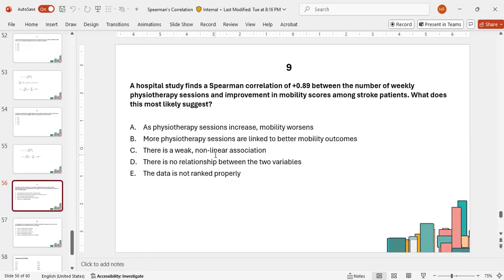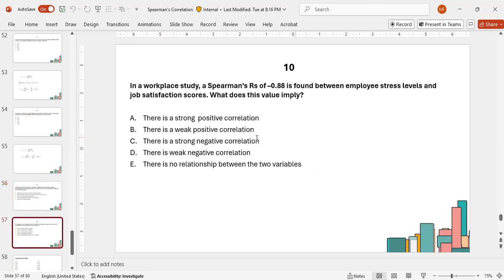Next, there is weak non-linear association. Next option is: there is no relationship, and then the data is not ranked properly. B. What will be the answer? Beta. Yes, the correct answer is beta because we have the positive value of Spearman ranks correlation coefficient. So this means that there is positive correlation, and only this option says that more physiotherapy sessions are linked to better mobility outcomes. So B would be the answer.